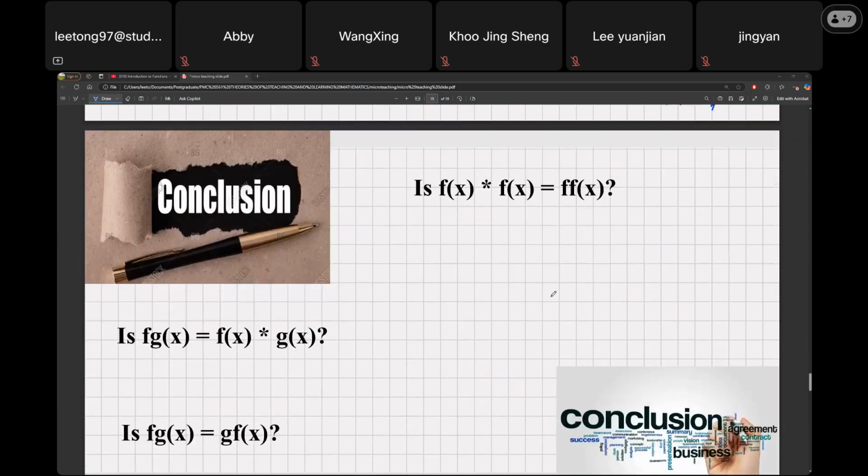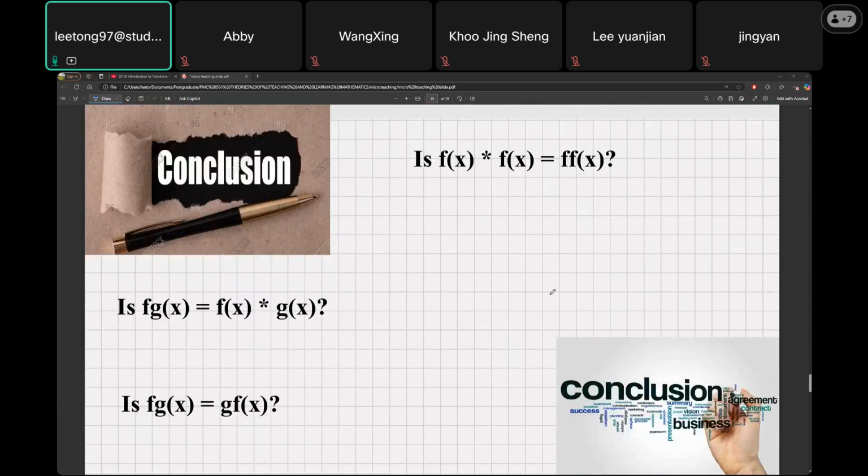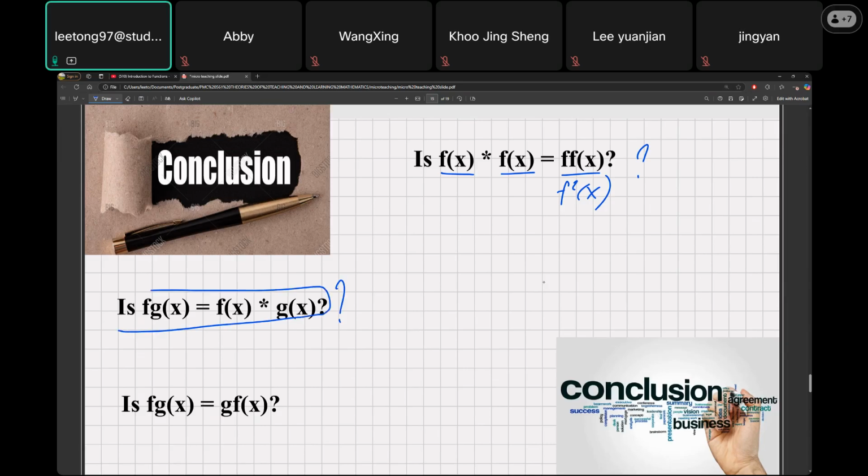All right, we're done. So I'll quickly go through what we learned today. So some question, is this true? Is fx multiplied by fx equal to f square x? Okay, we know that this is not true, right?